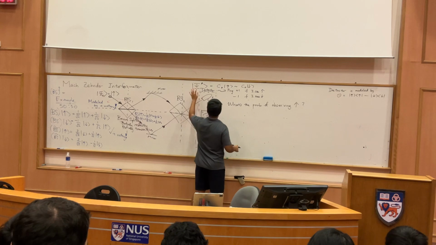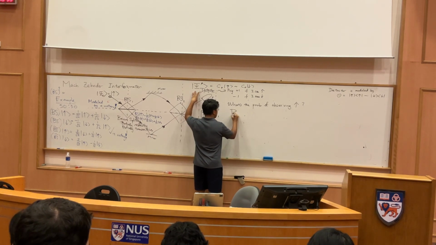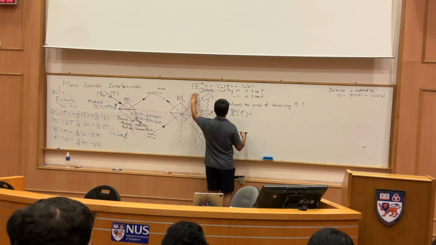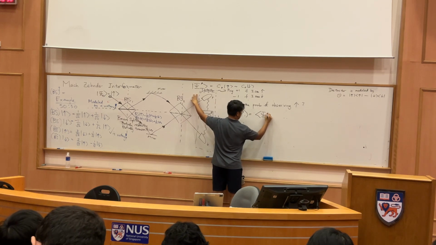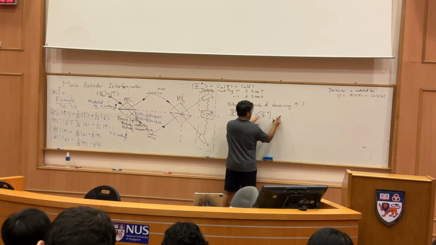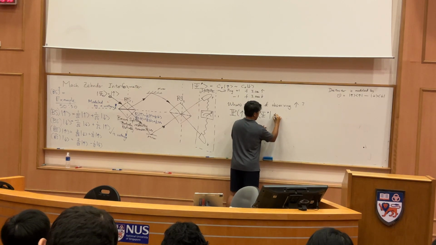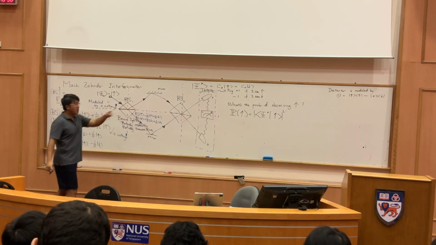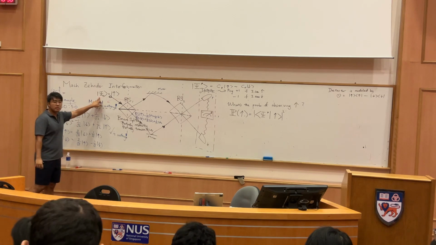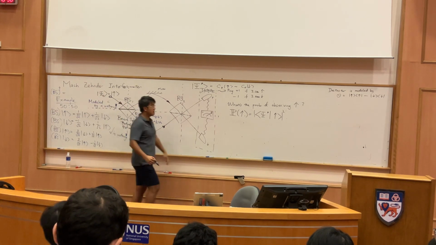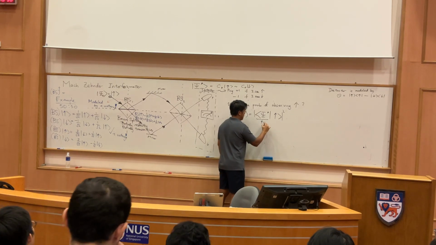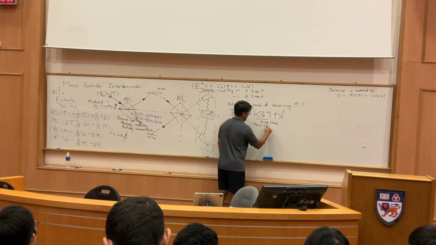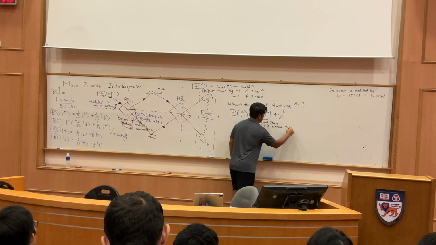We need to say that at this point, as I wrote down previously, the probability of observing up is the overlap of the final state with the projector up. Agreed? But how is the final state related to the initial state?